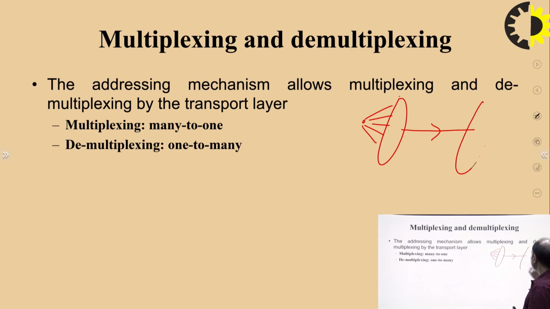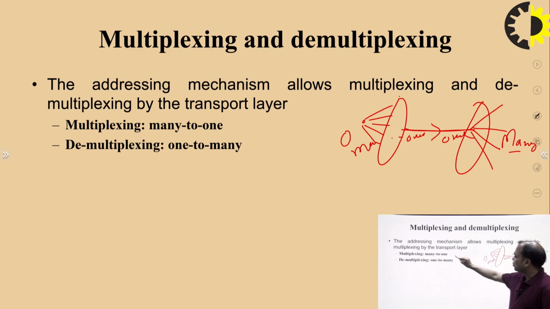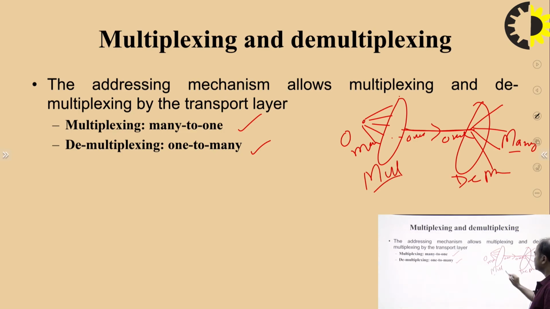And here, data coming from one source is divided into many. So many data to one data is multiplexing, and one data to many data is demultiplexing. Clear?